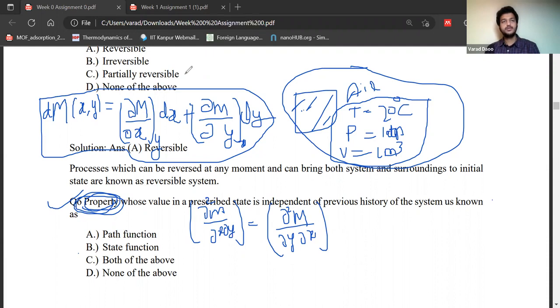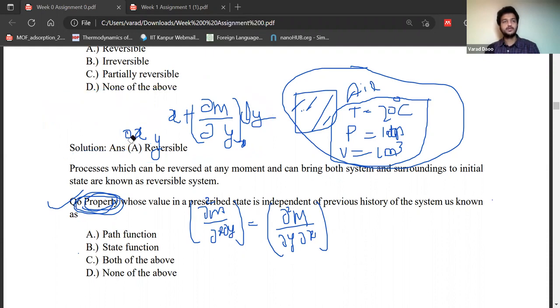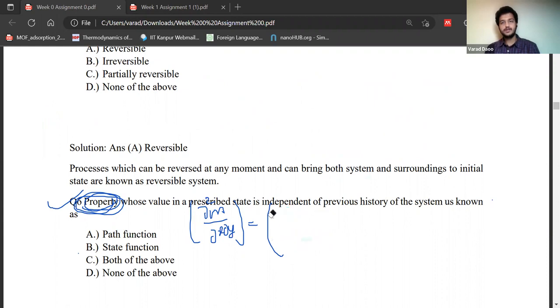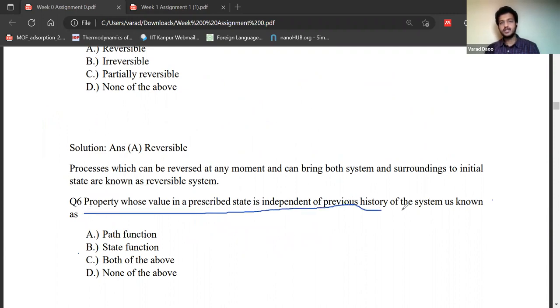Okay, so now let us go back to the question again. We have a property whose value in a prescribed state is independent of the history. See, independent. So it's a state function.